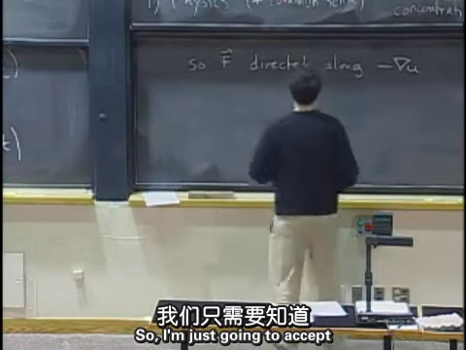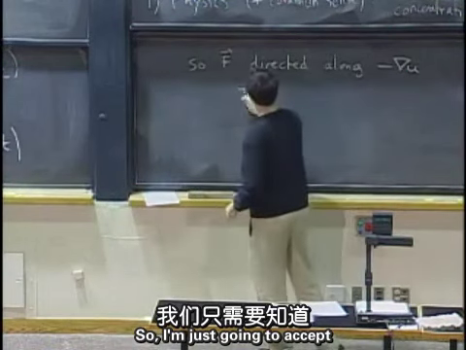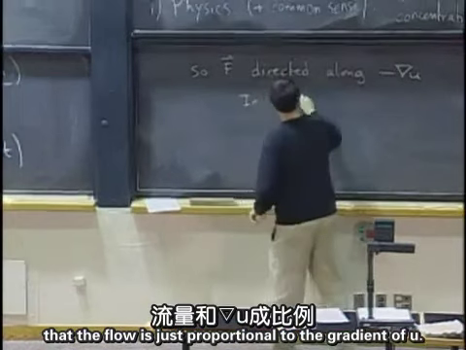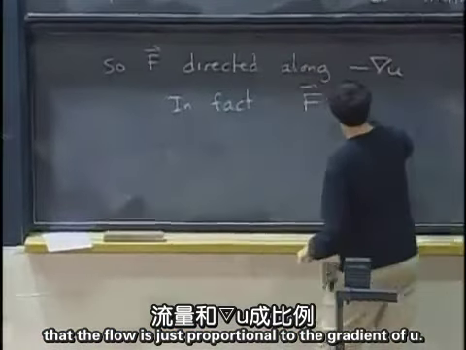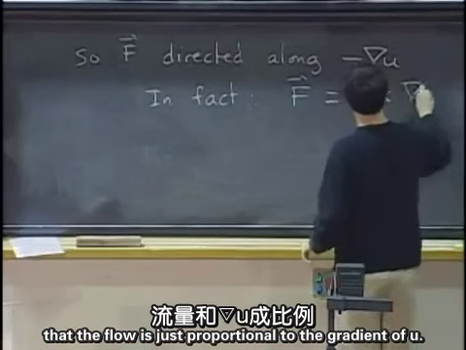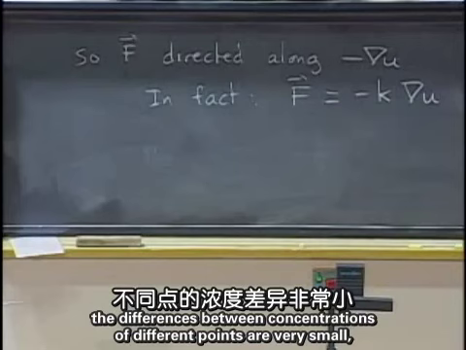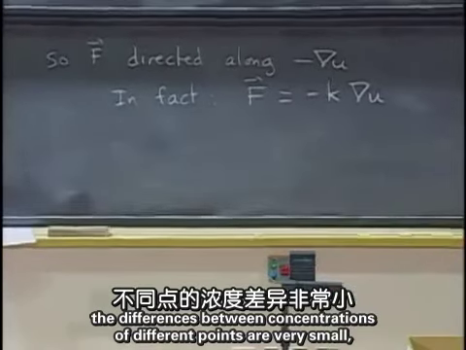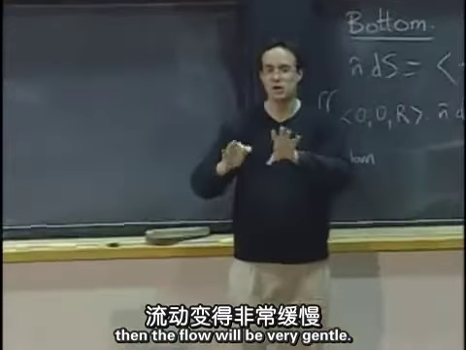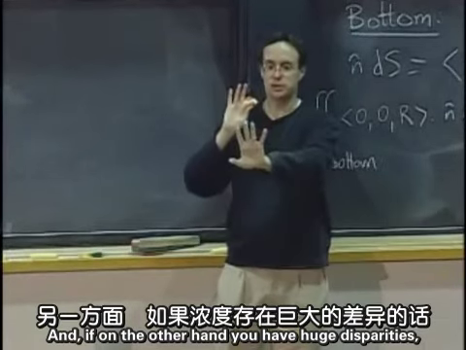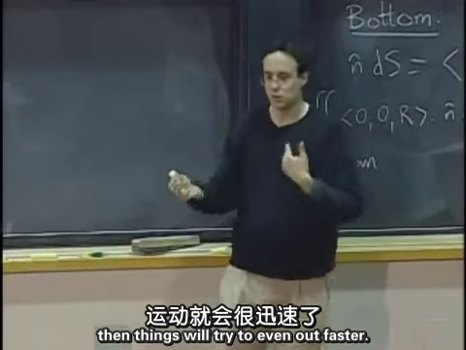So I'm just going to accept that the flow is just proportional to the gradient of u. If the differences between concentrations at different points are very small, then the flow will be very gentle. And if, on the other hand, you have huge disparities, then things will try to even out faster.